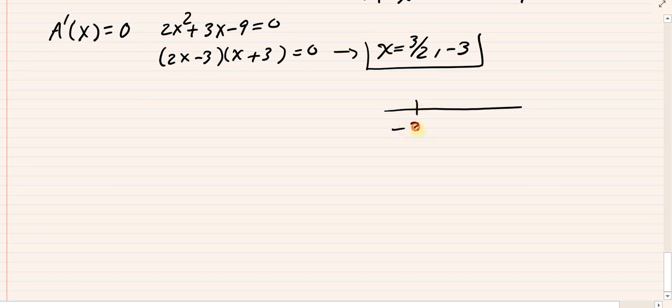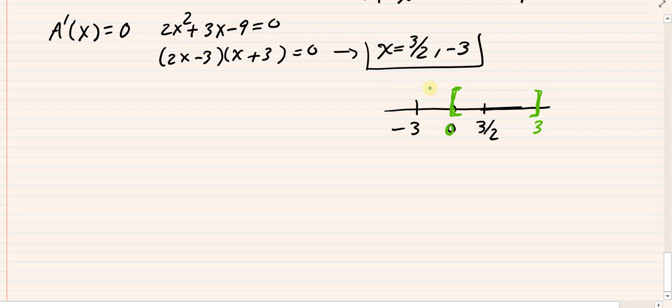We found negative 3, and let's say this is a number line, 0. This would be 3/2. And our domain is right there from 0 to 3. So don't worry about this part of the number line.